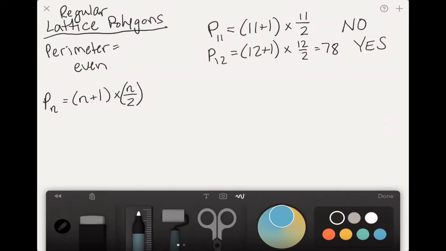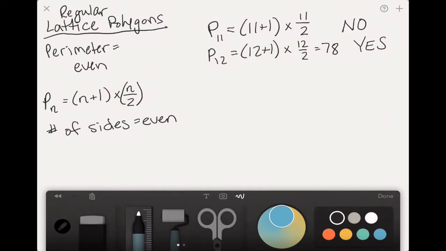So now we know that the number of sides must be even. But that only cut out half of all the numbers we'd have to try. We still would have to plug in all the even numbers to see. I wonder if there's any more of a pattern.